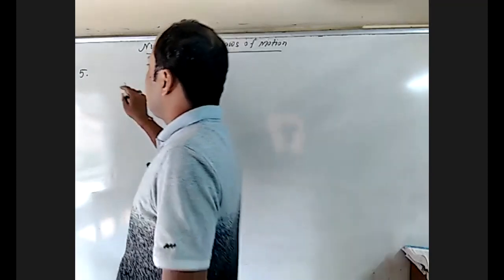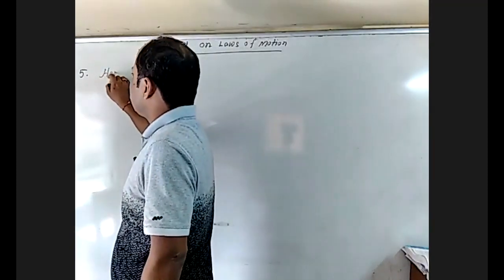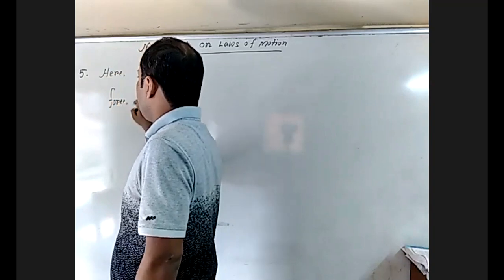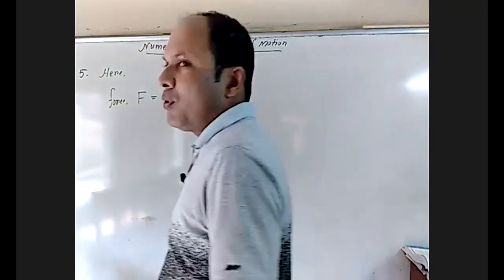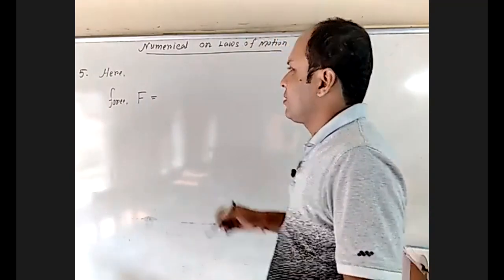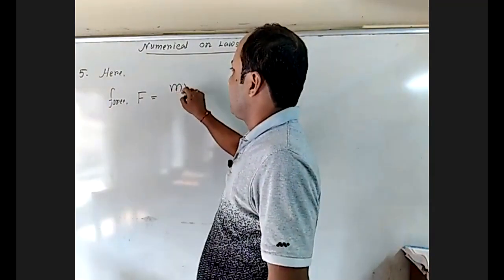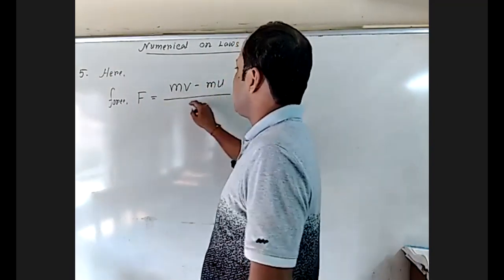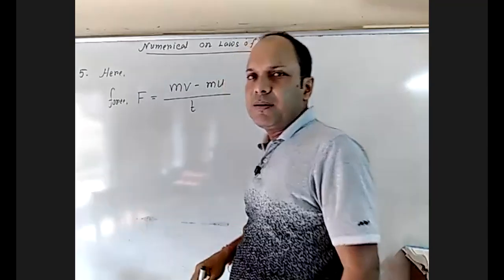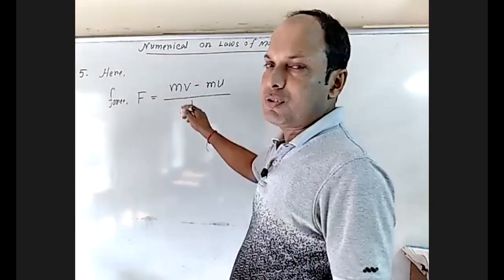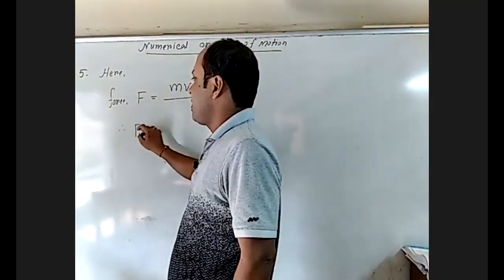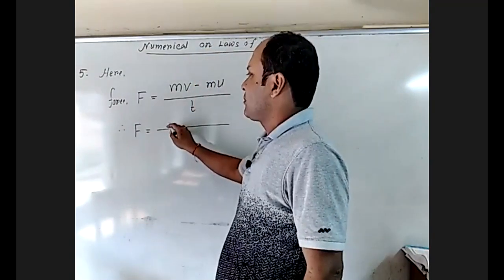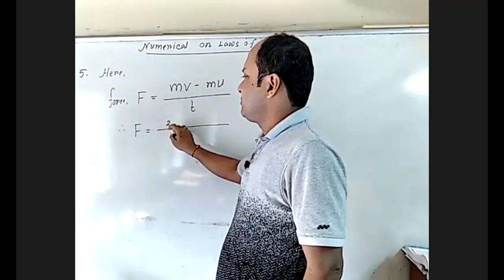So here force F equals mv minus mu by t. Rate of change of momentum is the force. From the second law we come to know about this. The mass is 2 kg.